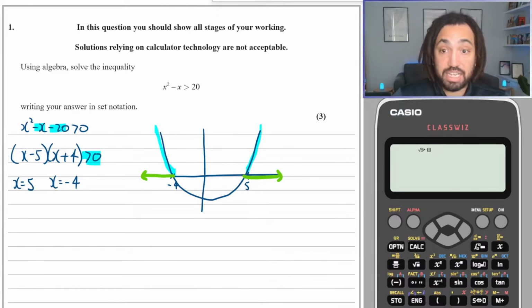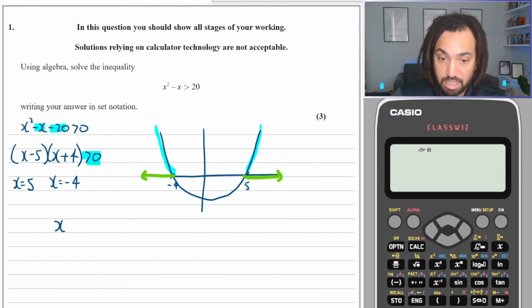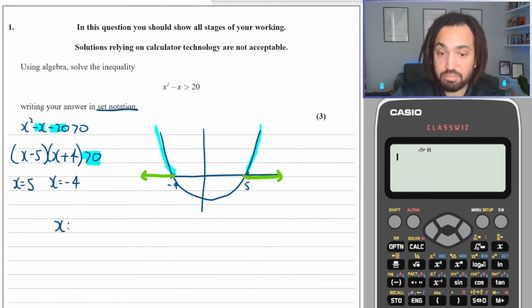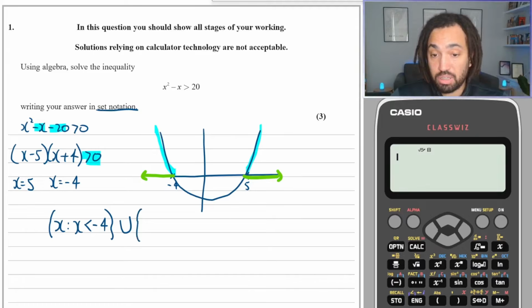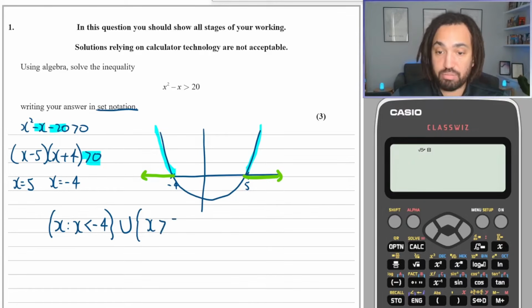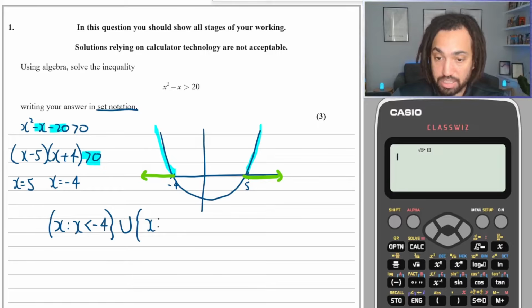So we write it in set notation, because it says here set notation. So we say x has to be less than -4 is a set of numbers, or, in this case we use the union for or, x has to be greater than 5. So we do x colon like this, x is greater than 5.